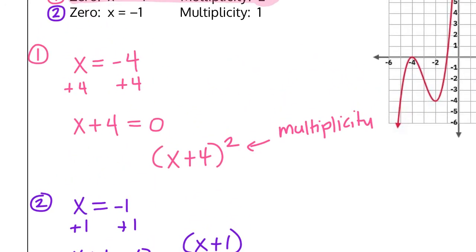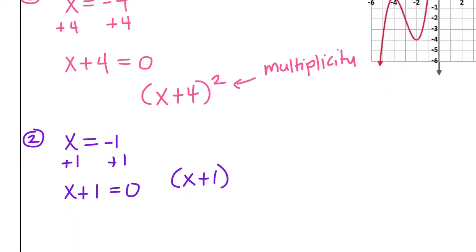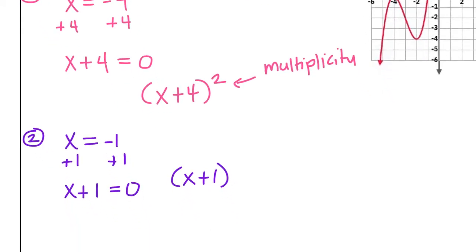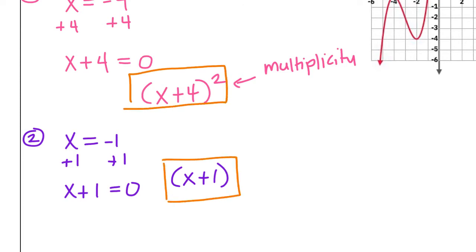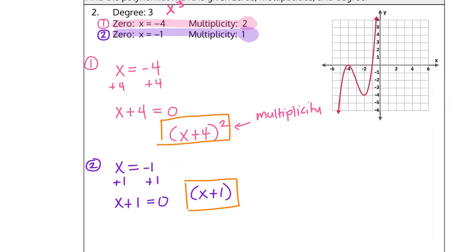In our problem, they said that it has a multiplicity of 1. So that factor is to the 1 power. Anytime you have 1 as an exponent, you don't really need to write it, so I'm going to take that off. What's important here is that this is one factor and this is the other, and those are coming straight from the zeros of the function.